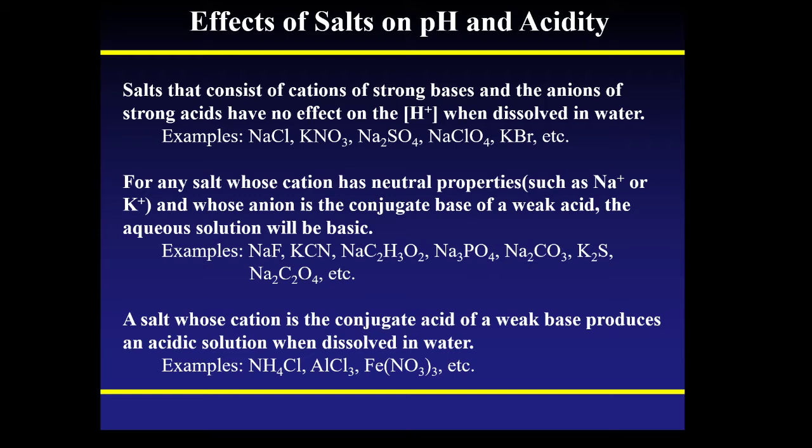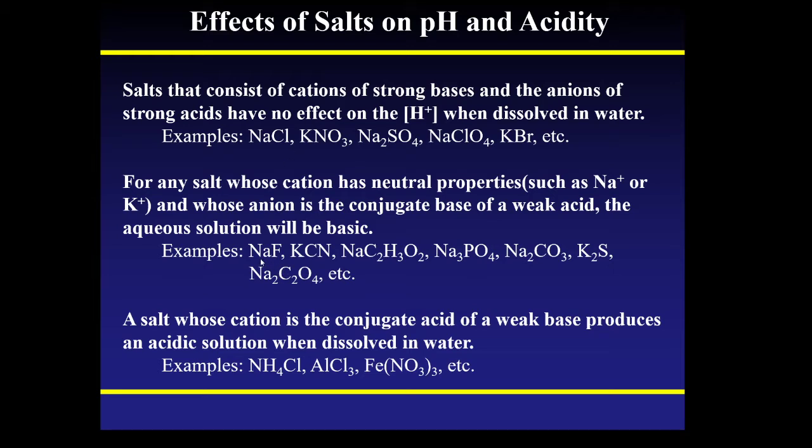So, to review, a group 1 metal or large group 2 metal with an anion that would make a strong acid has no effect on the pH of a solution.